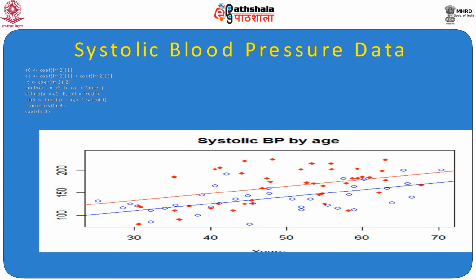Thereafter we separated the whole data set into two parts, one part as salt added yes, another part as salt added no. For those having salt added yes, we found the relation between age and systolic blood pressure. For those having salt added no, we also found the relation of systolic blood pressure with age.